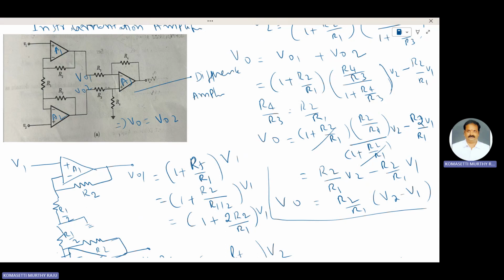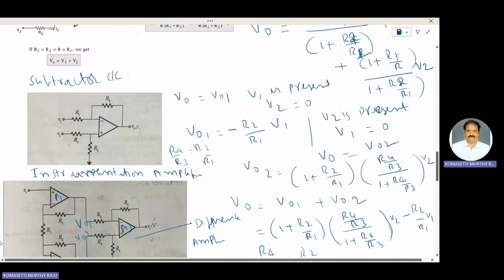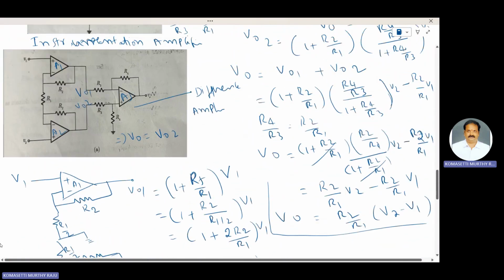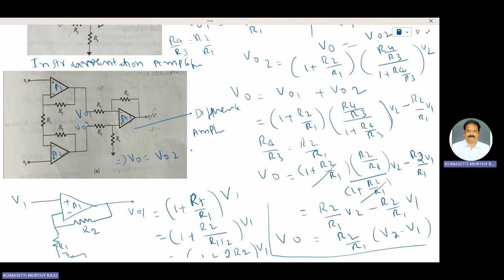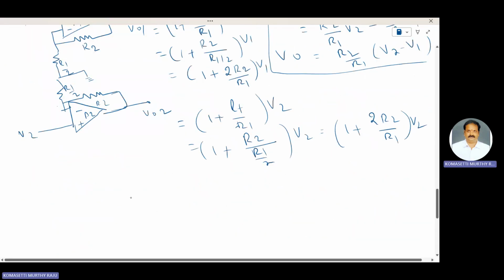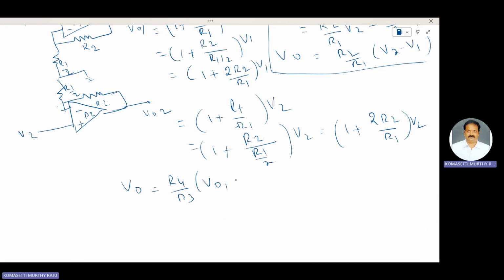That is the reason V0 is V02 minus V01. The ratio R4 by R3 is also the same here. Therefore, the output voltage V0 is equal to R4 by R3 times V02 minus V01.